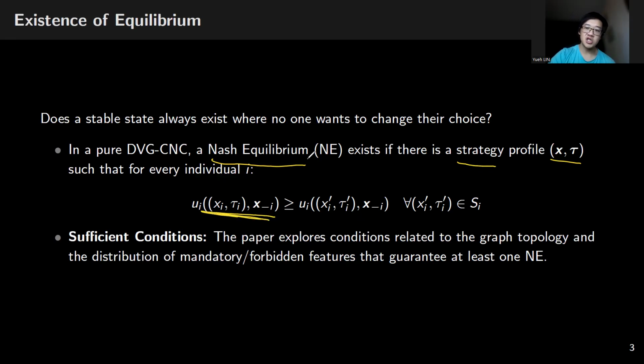So the Nash equilibrium strategy is always better than any other strategy available to individual I. For this paper, we dedicate a big section to characterizing the existence of the Nash equilibrium. We establish sufficient conditions to characterize the existence of that by using a path-like characterization process.